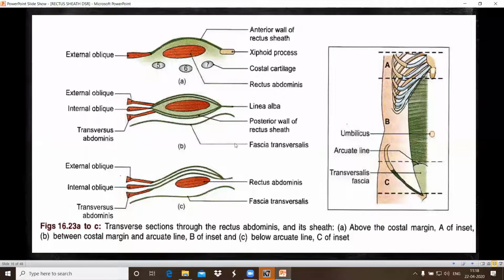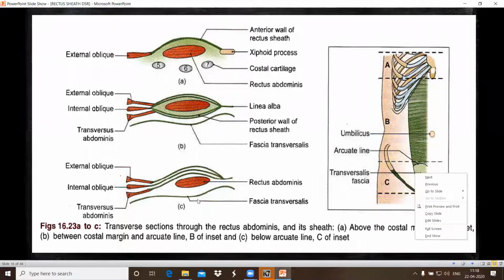Coming to the middle level. The middle level is formed by the fusion of the posterior lamina of the internal oblique and the transverse abdominis aponeurotic layer. So at the middle level the posterior wall is formed by the fusion of 2 aponeurotic layers.